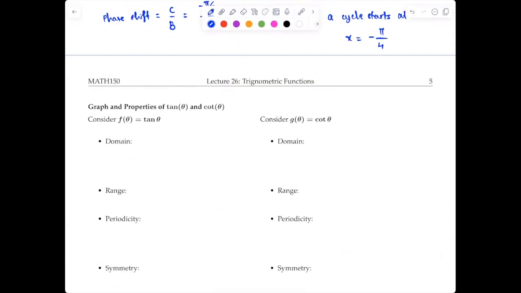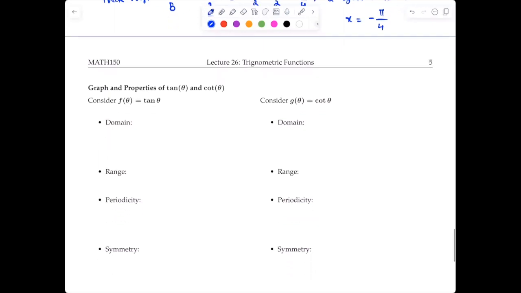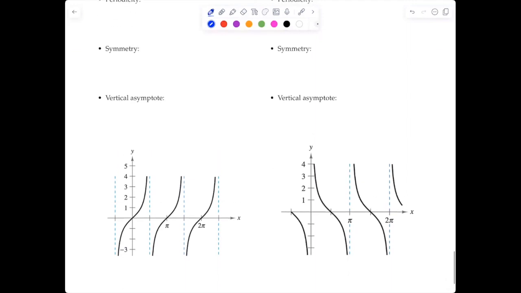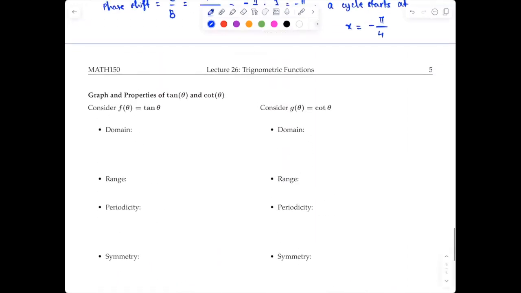For tangent and cotangent functions, when you look at the graph, you can see that these have some weird behavior. The reason is that if you rewrite tangent of theta in terms of sine and cosine, you obtain a fraction.